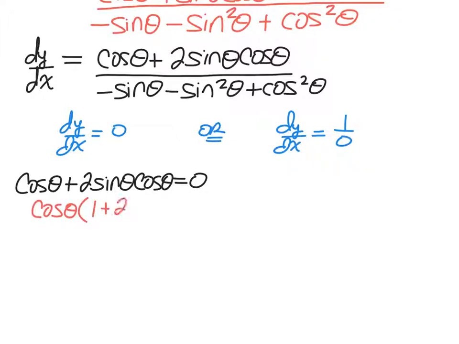So 1 plus 2 times the sine of theta equals 0. It's nice when I tell my Algebra 1 students that the concept of the greatest common factor will never go away. You're going to be dealing with that for the rest of your mathematical lives.